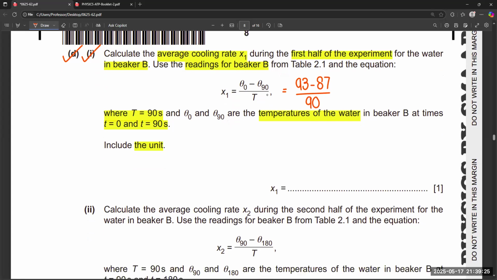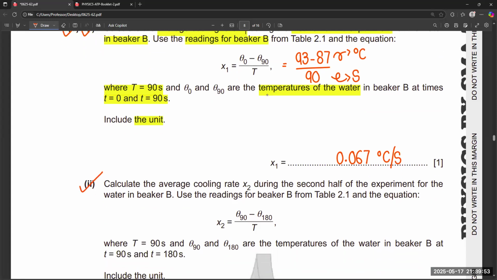So the answer is almost equal to 0.067. Now include the unit. On the top we have degree Celsius. On the bottom we have seconds. So degree Celsius per second.